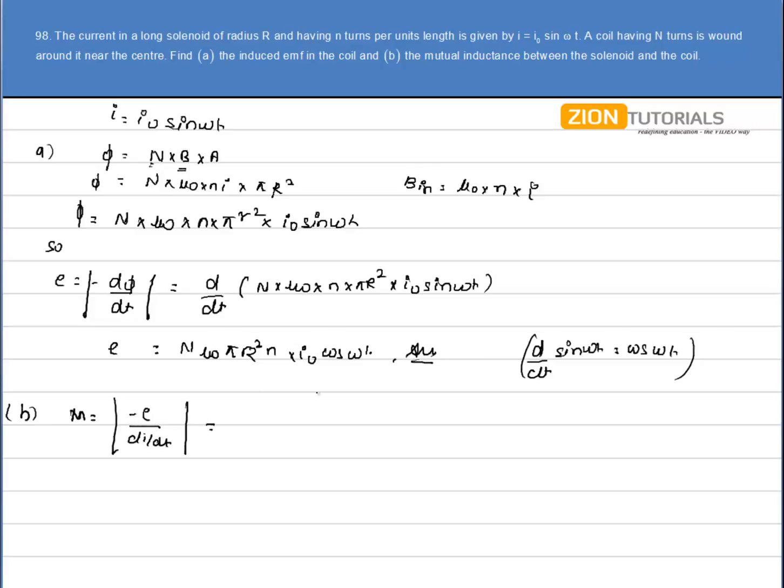So I have EMF equal to N times mu naught pi r square into n into I naught cos omega t, and for di by dt, with I equal to I naught sine omega t, on differentiating I get di by dt as I naught cos omega t. So both of them get cancelled, and I have mutual inductance as N times mu naught into pi r square into n. That is the answer.